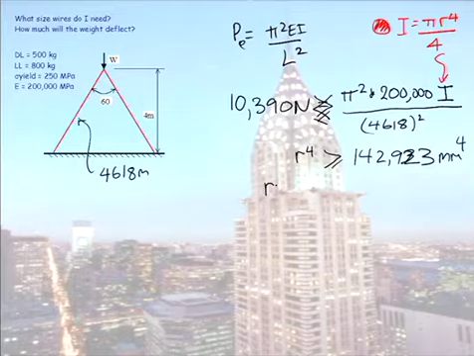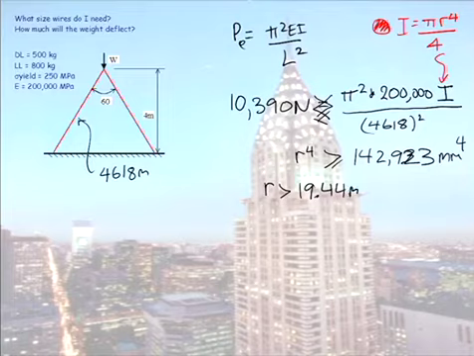And easiest way to go from R to the fourth to R, square root on your calculator, instead of to the power of a quarter. Just square root it twice. So here we get our radius now, to stop it buckling, has to be greater than 19.44 mil.